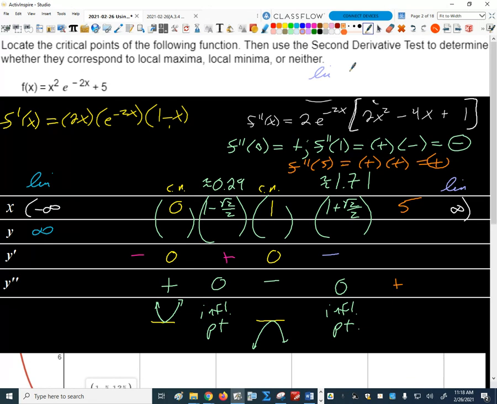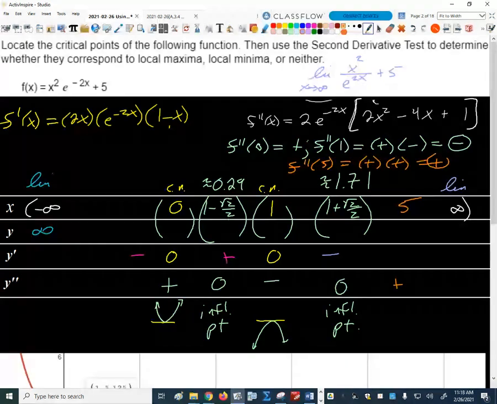So we're taking the limit of x squared over e to the 2x as x approaches infinity, plus 5. What's that term going to do? The top and the bottom of that function both approach infinity, don't they? Everybody agree?